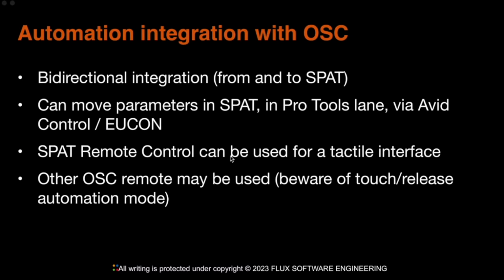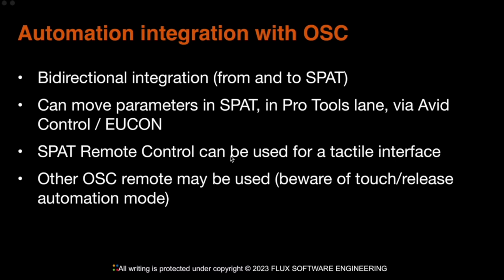So from the automation perspective, we've looked in SPAT at configuring these ports for that bidirectional integration from and to SPAT. And there's specific presets for the plugin. You just got to choose them, make sure they're activated. We've talked about the fact that we'll be able to move parameters in SPAT, and we've done this before, and it was writing in the Pro Tools lane itself.